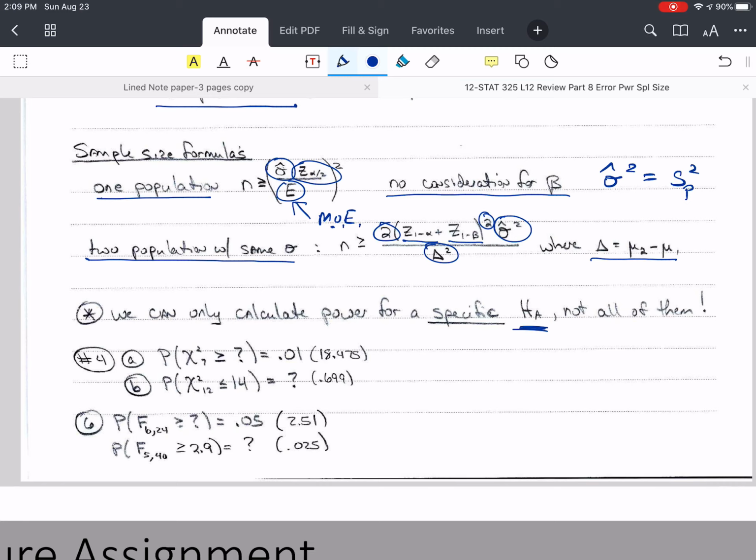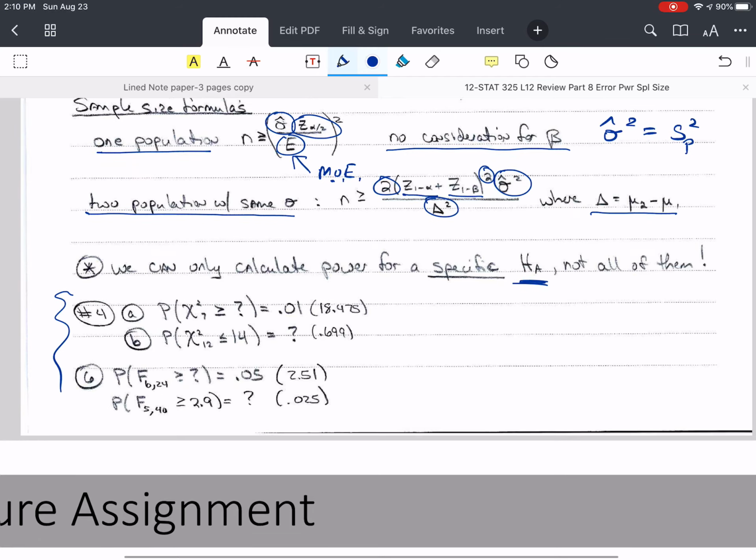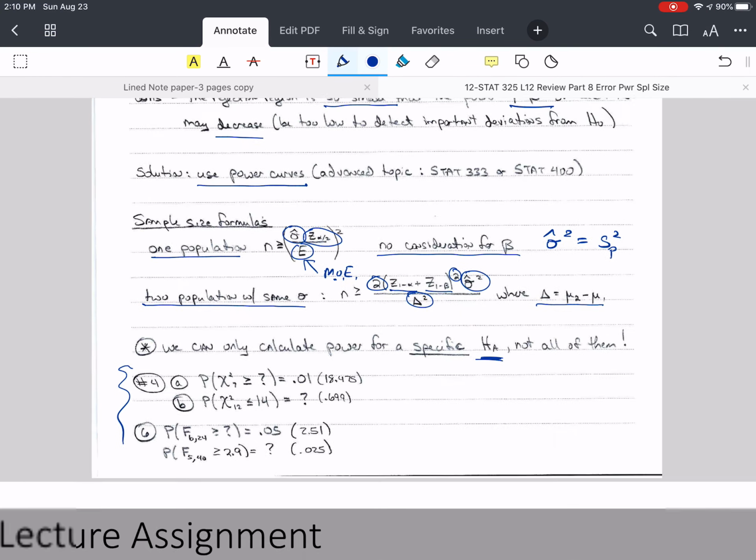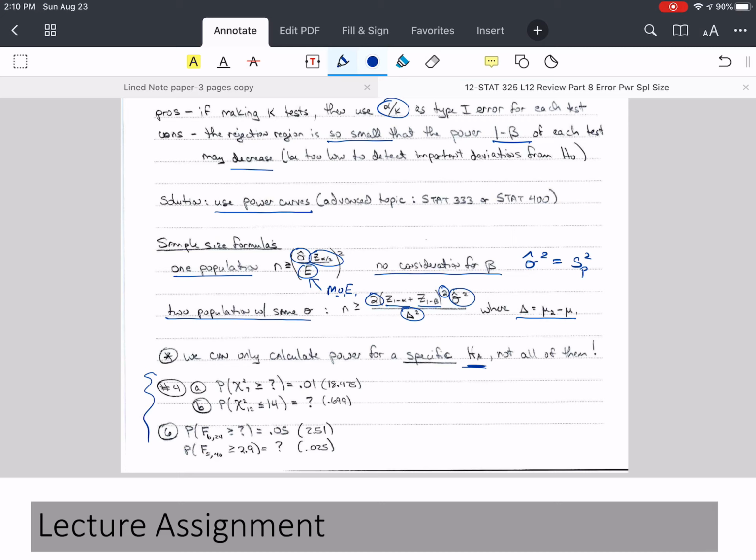So here we've got a chi-squared distribution, and I'm not going to really go over this, and we've got F. These are some problems, but I'm not going to do this because we will talk about this when we actually get to those types of problems. I don't want to spend time now and then we forget when we get there. So when we get to those types of problems where we need to read the tables, we'll cover that at that time.